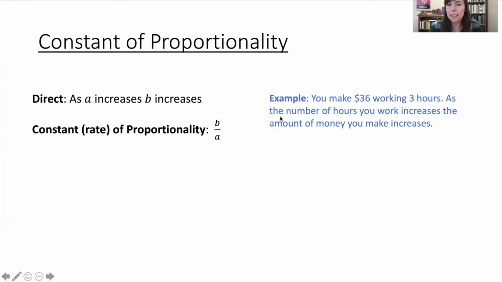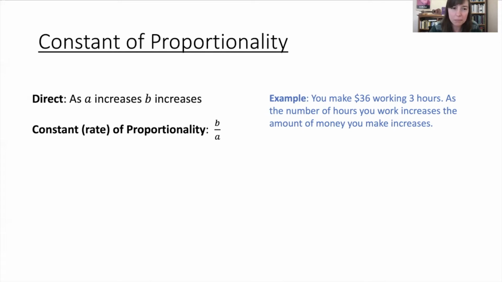And it's the case that as the number of hours you work increases, the amount of money that you make increases. And so in this situation, it seems like the amount of money you make depends on the number of hours you work. And so just make sure you understand, maybe take a moment and calculate the constant of proportionality yourself.